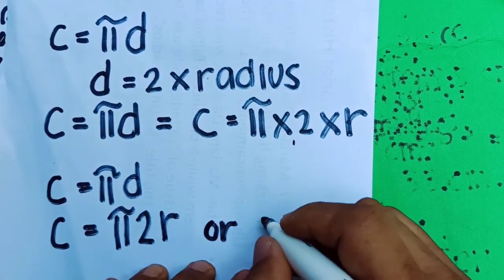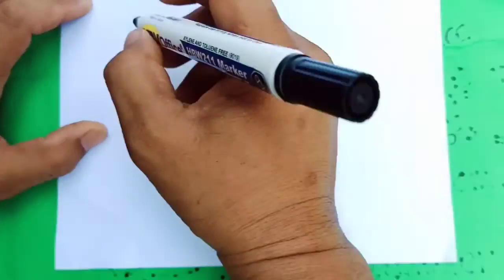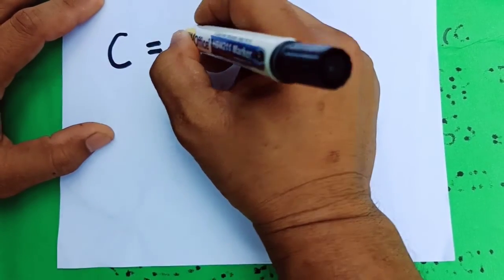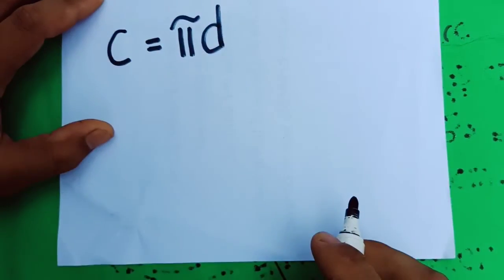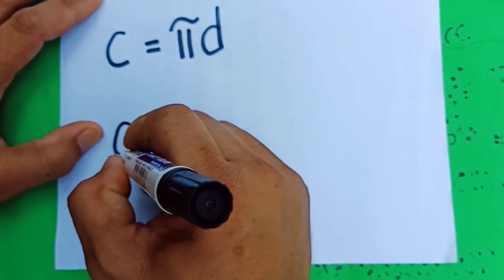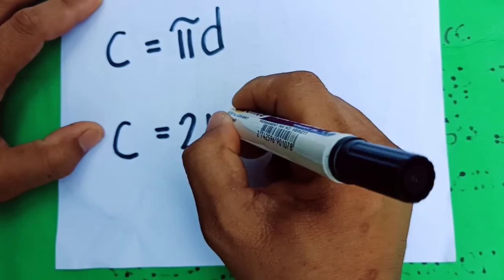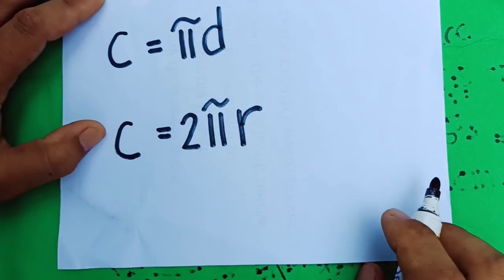Let's recap the formula in finding the circumference of a circle. Circumference equals pi d if the given is the diameter, and circumference equals 2 pi r if the given is the radius.